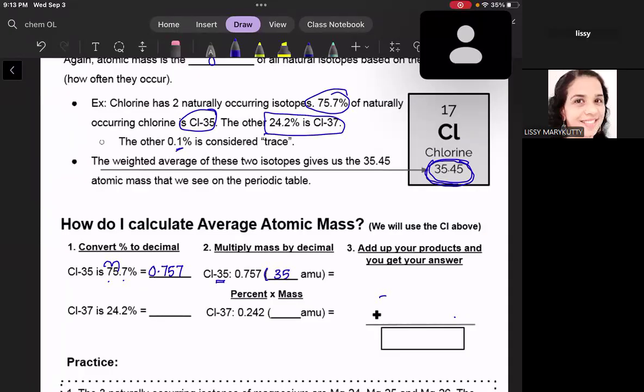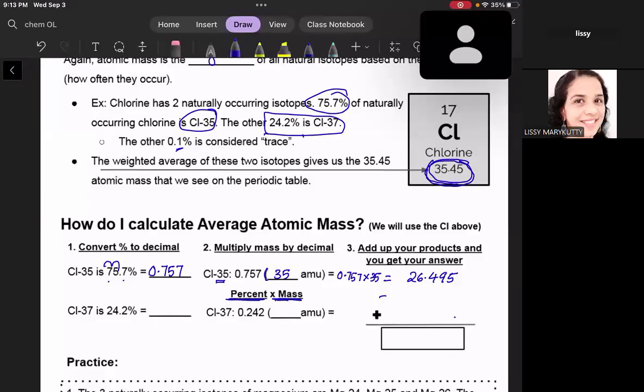Go ahead and multiply 0.757 times 35, which is 26.495. If you want to round that to 2 decimal places you can do that, or we will do that at the end. So we basically multiplied percentage times mass.